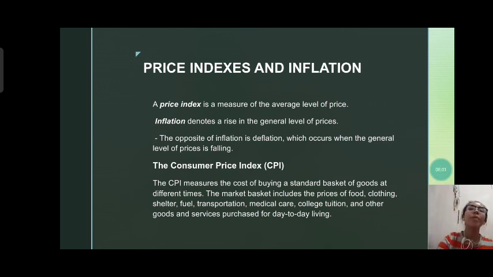The Consumer Price Index measures the cost of buying a standard basket of goods at different times. The market basket includes the prices of food, clothing, shelter, fuel, transportation, medical care, college tuition, and other goods and services purchased for day-to-day living.